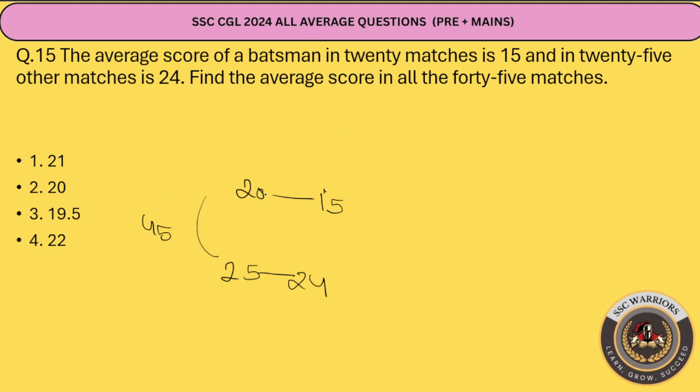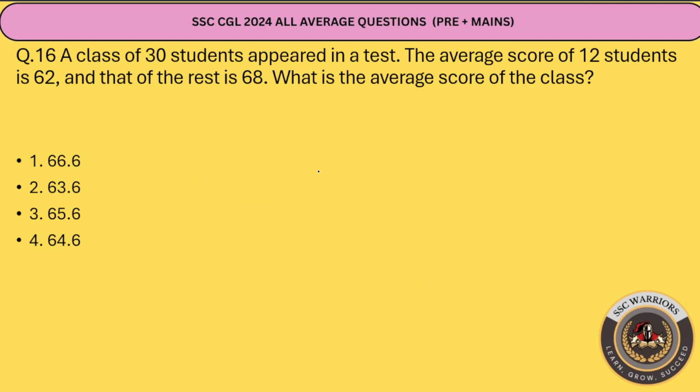So 300, 625, 25 times 25 is 625, minus 25, that is 600, 900 divided by 45, that is 20. Again, same type of question, can you do it?